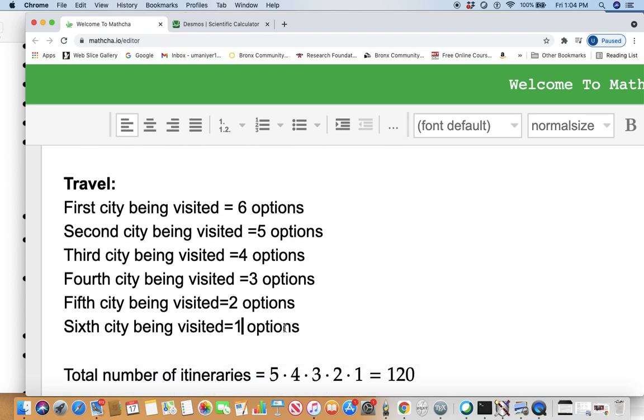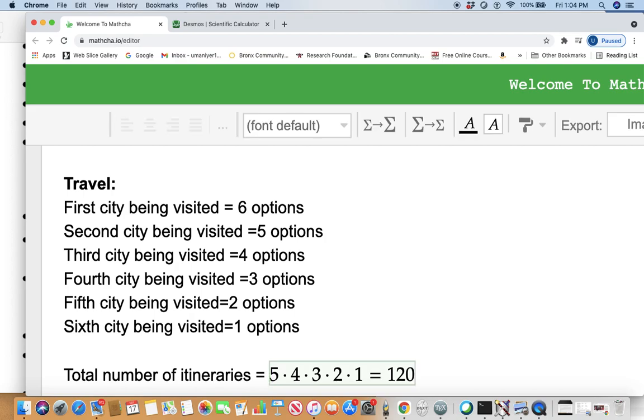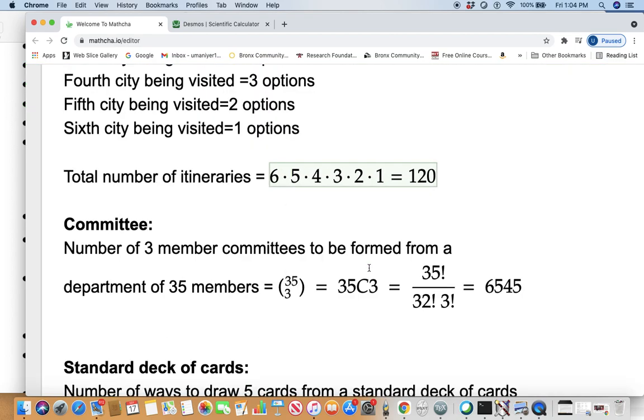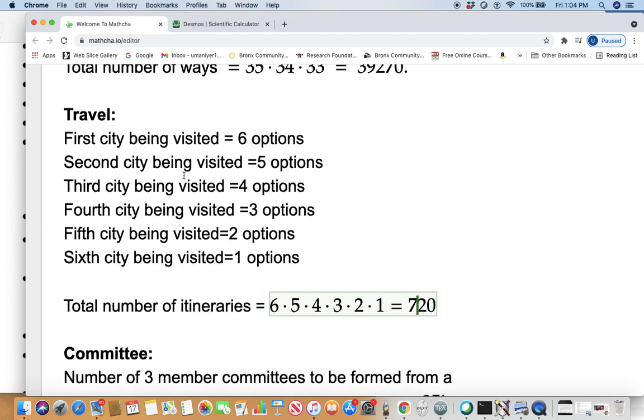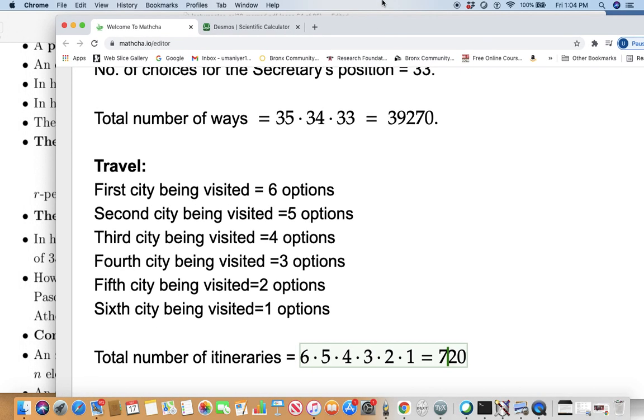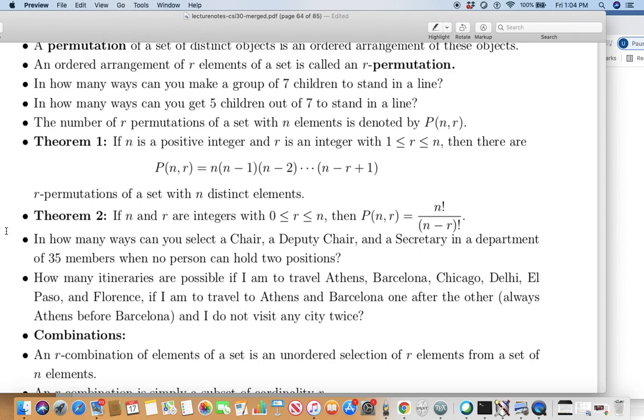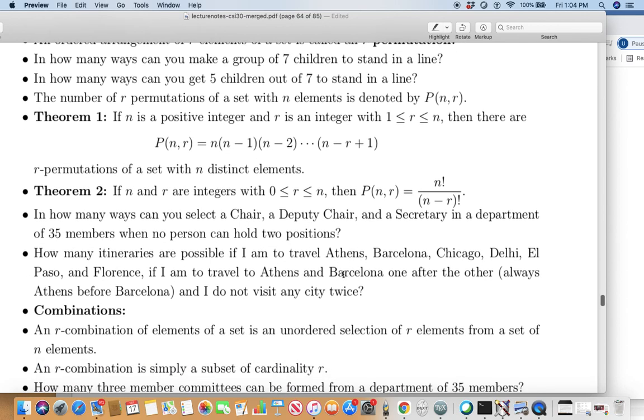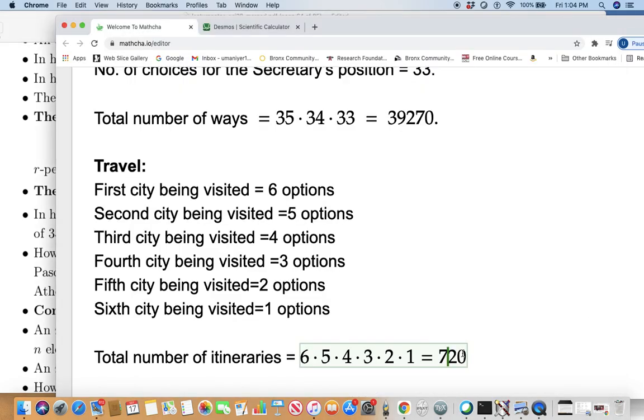Okay, so the total number of itineraries is 6 times 5 times 4 times 3 times 2 times 1, that is 720. Now, you notice half these itineraries will have Athens before Barcelona and the other half will have Barcelona before Athens. So I need only Athens before Barcelona.